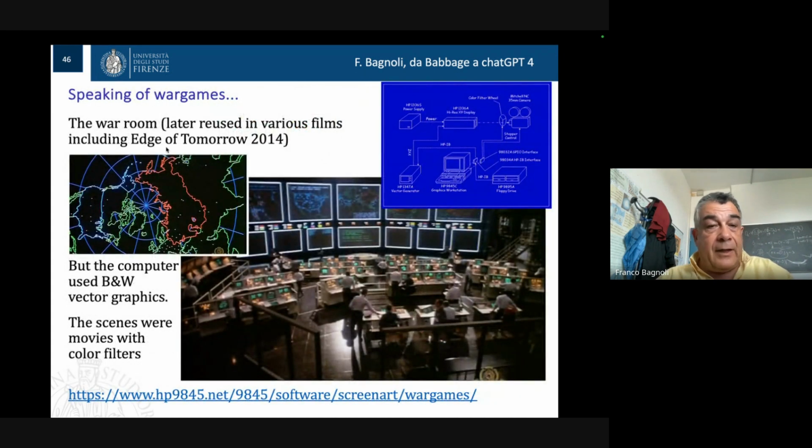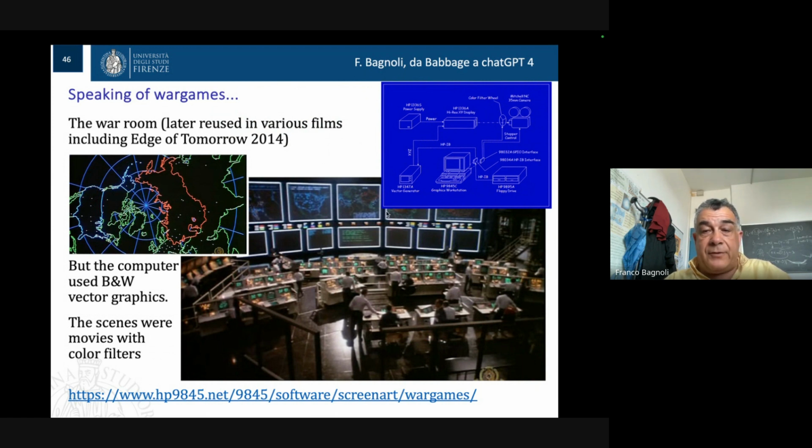Another interesting point concerning this movie is that at a certain point you have this fictional computer war room, in which you can see a lot of different monitors and screens that in color represent the countries and the trajectories of missiles and so on.